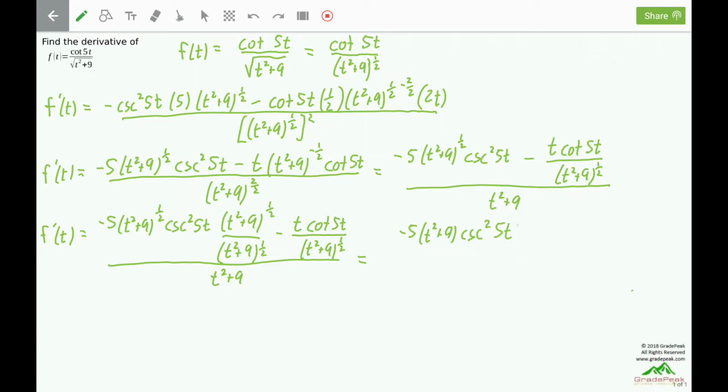And then I have a minus t cotangent of 5t. And all of this is over that common denominator of t squared plus 9 to the 1/2. We've combined them over a common denominator.